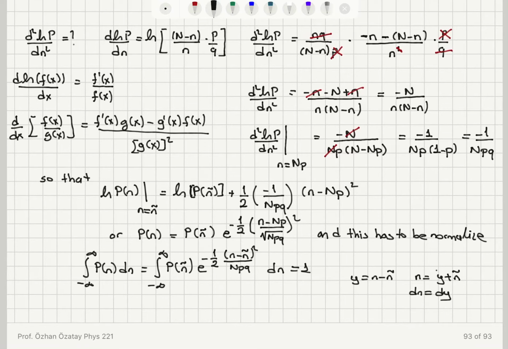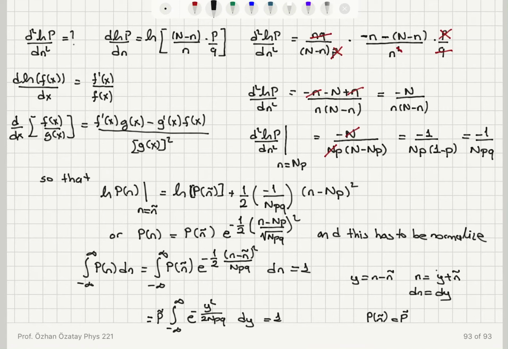So I'm going to obtain here, if I also call p evaluated at n tilde p tilde, the integral from minus infinity to plus infinity of e to the minus y squared over 2NPq dy. This has to be equal to 1 for it to be normalized.